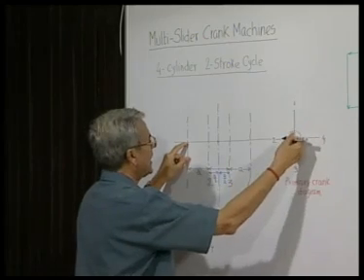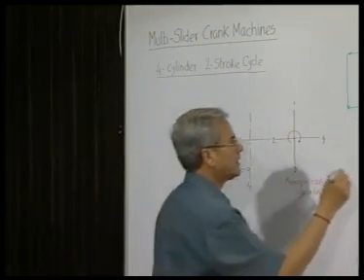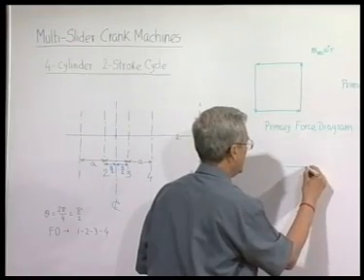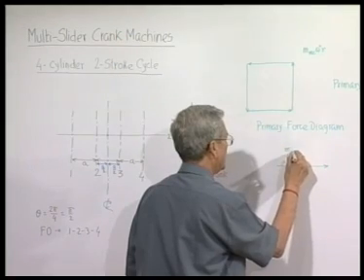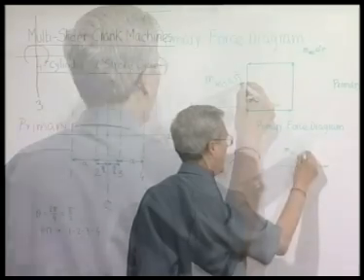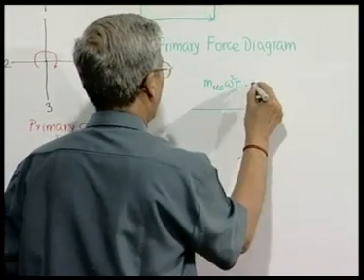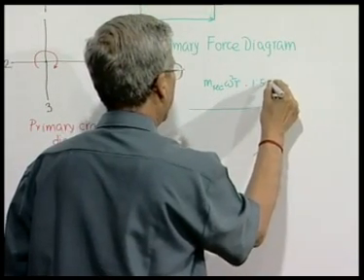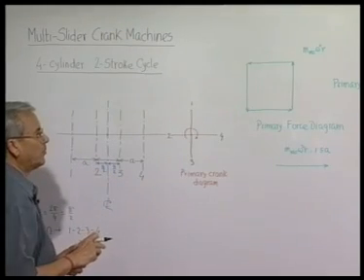When you see from this side, the moment will be like this. So, it will be going in this direction, and the moment is m reciprocating omega square r into 1.5 a. The distance from this to this is a plus half a, that is 1.5 a.